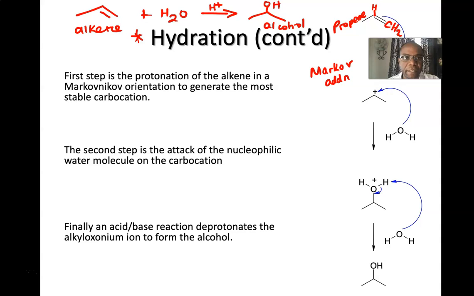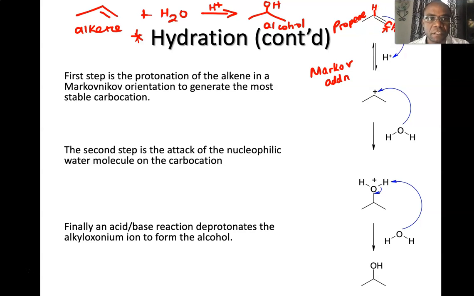So the H plus of the acid should go here. And then here you should have the plus charge. So you'll have a CH3 here. And then the plus charge on the next side after Markovnikov addition, because the H plus goes to where there's more hydrogens. And then, only then, will the water molecule come to attack the positive center.